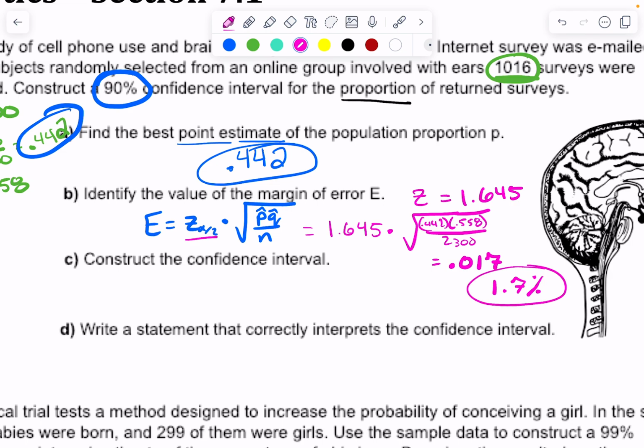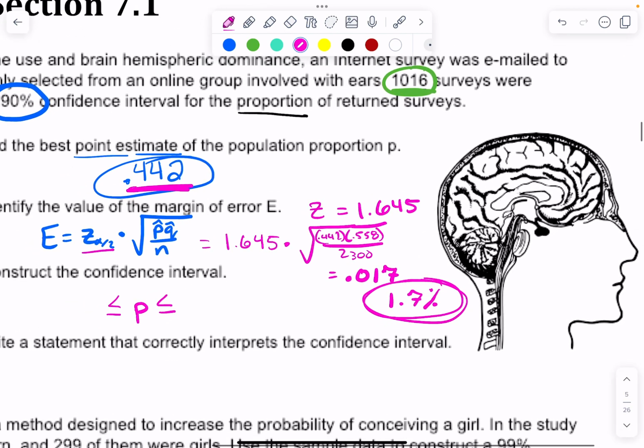Construct a confidence interval. So I don't know if I surveyed the entire population, I don't know what percent would return them. 44% of my sample returned them, but I can say that if my margin of error is 1.7%, I can add and subtract 1.7% from my 44.2. I should write that down here.